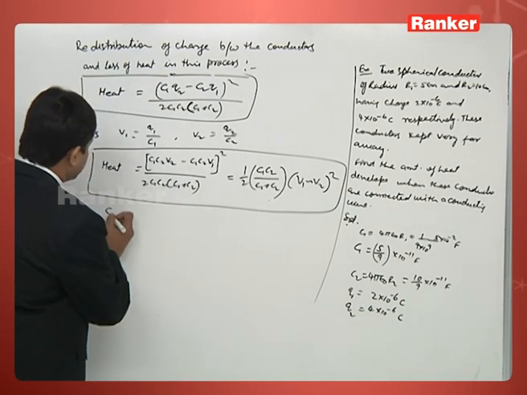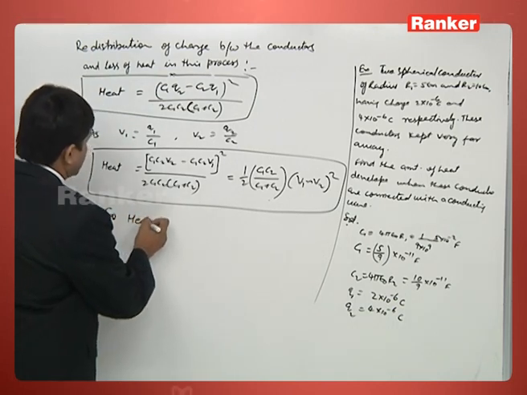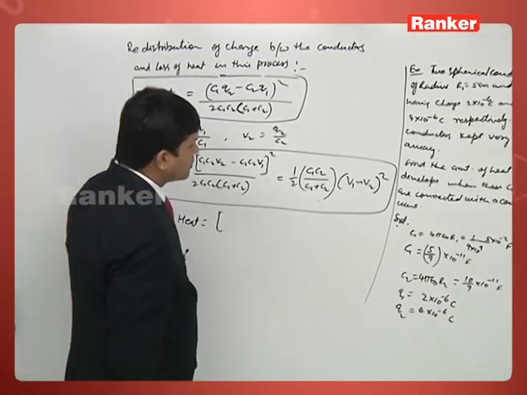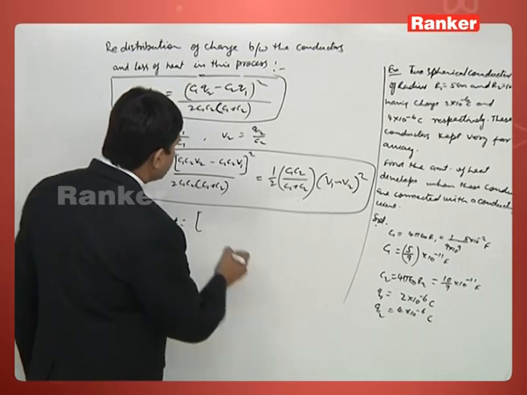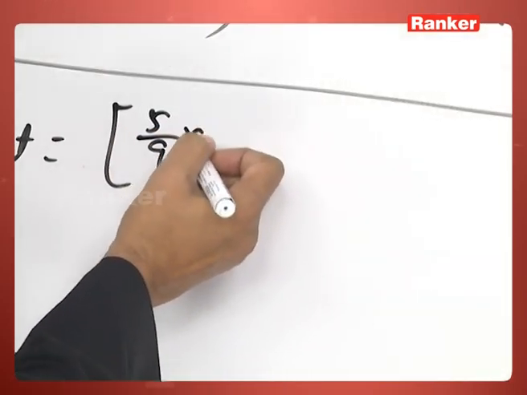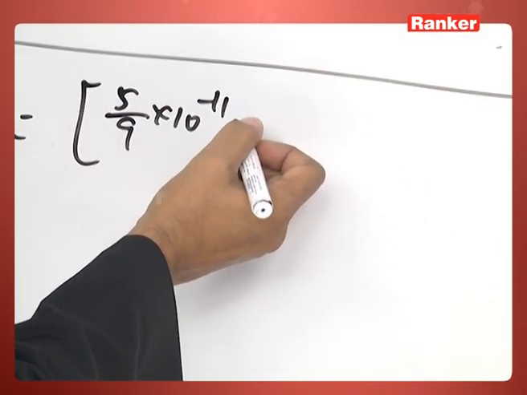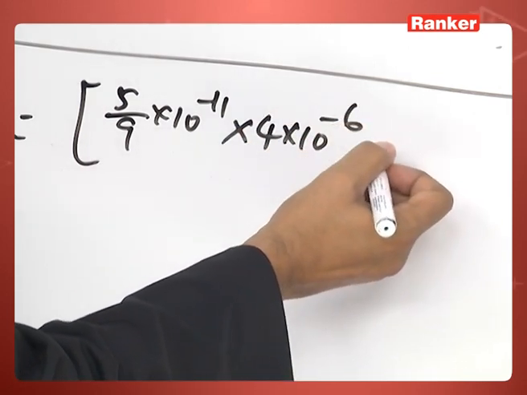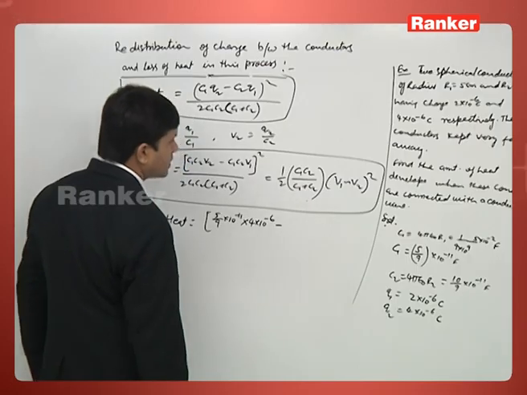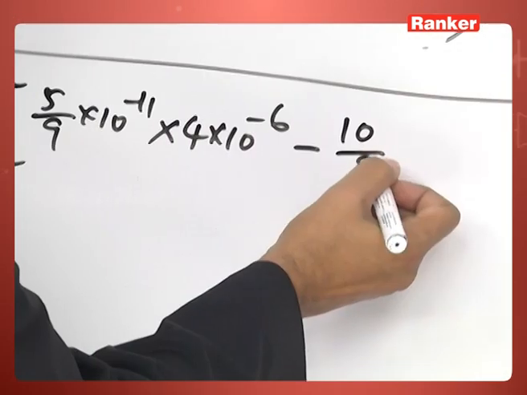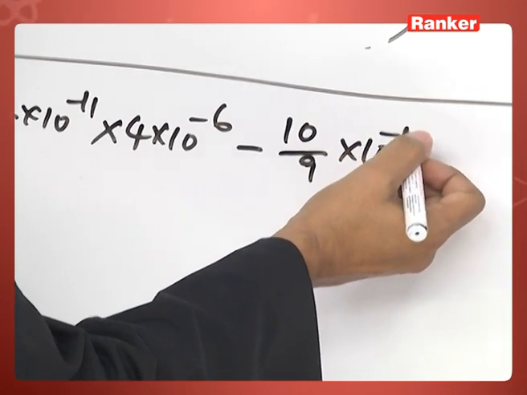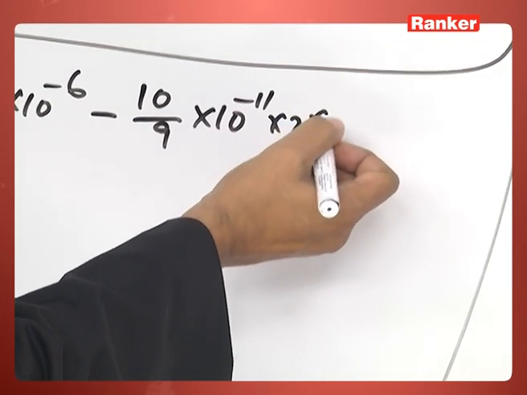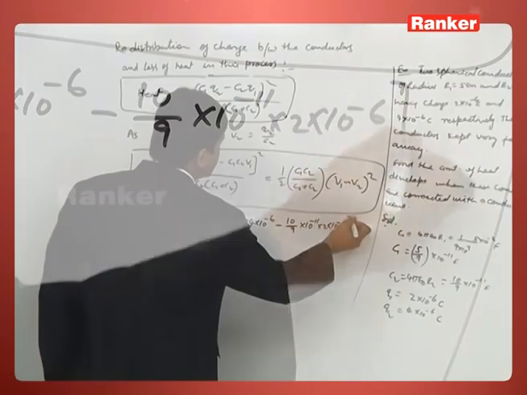So heat is C1 Q2 minus C2 Q1 whole square by 2 times C1 C2 into C1 plus C2. C1 value is 5 by 9 into 10 to the power minus 11 into Q2, 4 into 10 power minus 6, minus C2, 10 by 9 into 10 power minus 11, into Q1, 2 into 10 power minus 6.